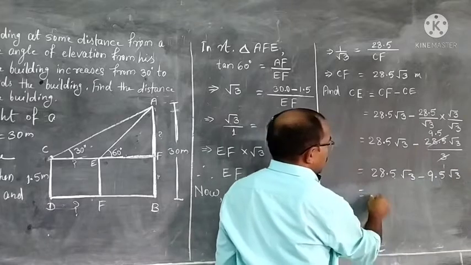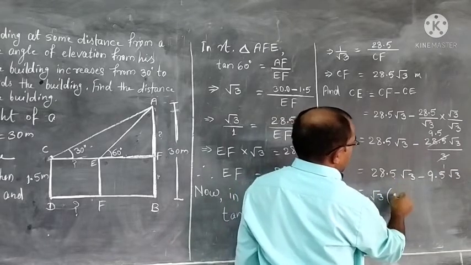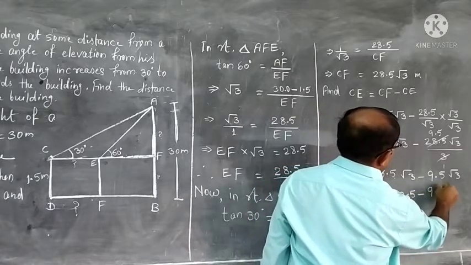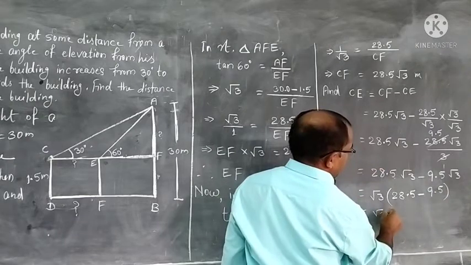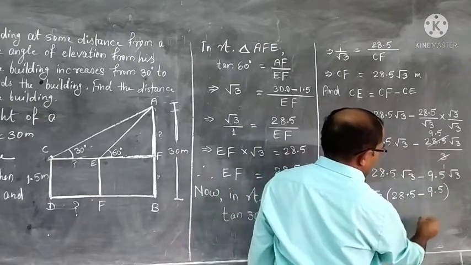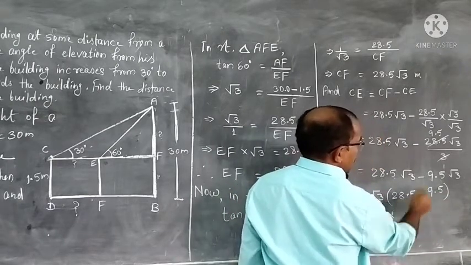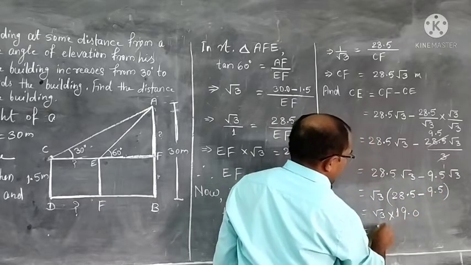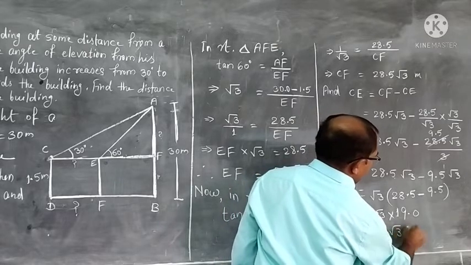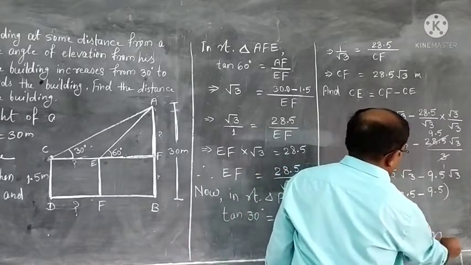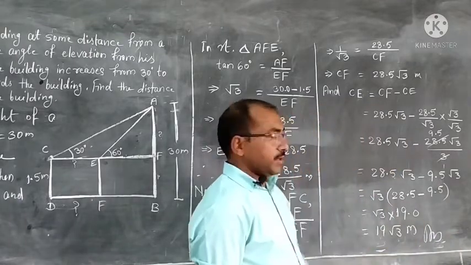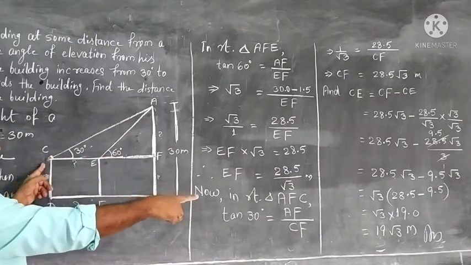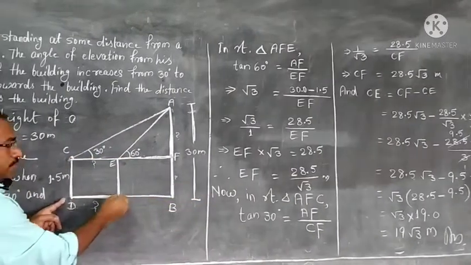If we take common root 3, we will get here 28.5 minus 9.5. So, 5 minus 5 is 0, 18 minus 9 is 9, 2 minus 1 is 1, and finally we get 19.0 root 3 or 19 root 3 meter. So, the boy has walked from C to E, 19 root 3, or D to F, 19 root 3.